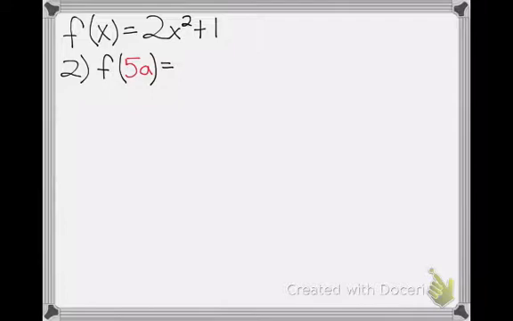For part 2, we're going to plug the quantity 5a into the function f. In other words, we're going to find the output corresponding to the input x equals 5a. Once again, we go back to the original definition of the function, find everywhere that an x appears, and replace it this time with the string of symbols 5a, always in parentheses. You'll notice I've replaced the symbol x with the symbols in red this time, 5a all in parentheses.